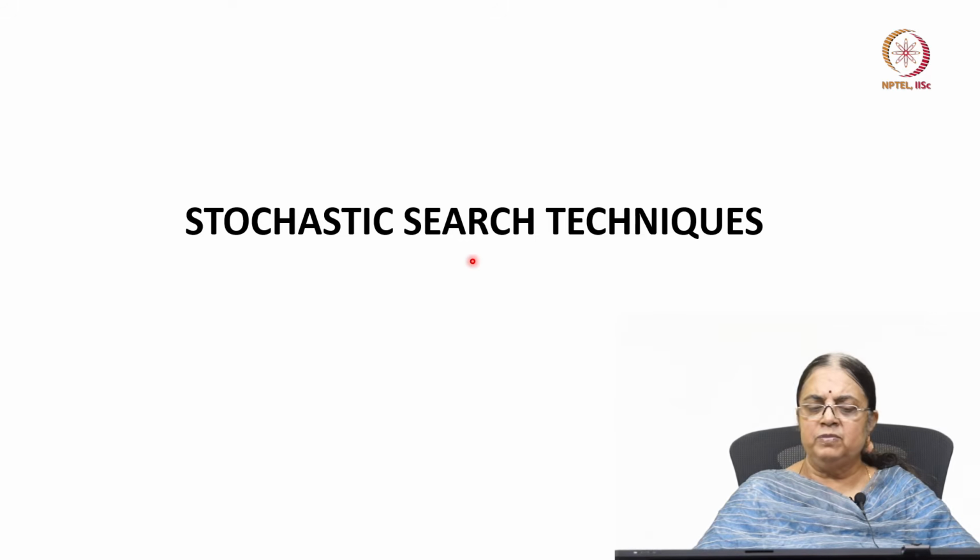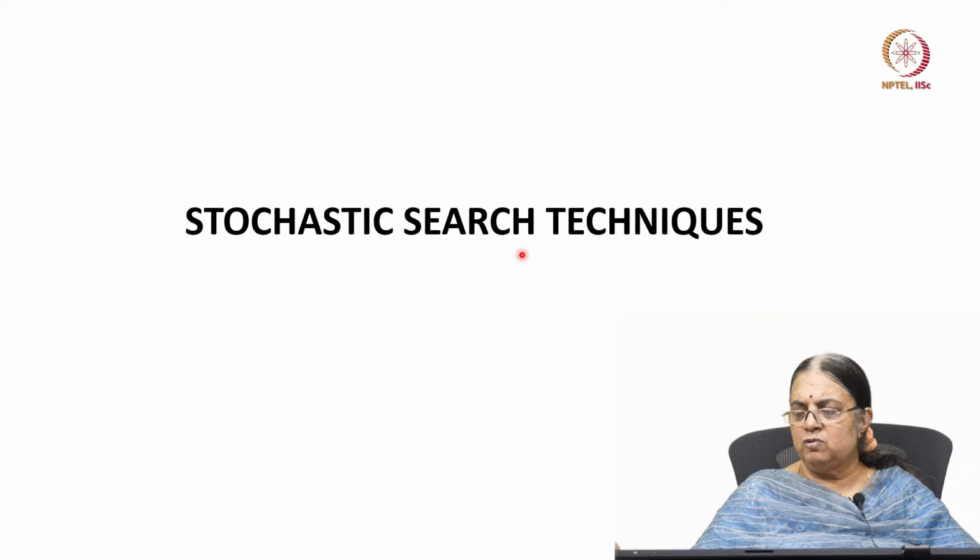So there are a number of stochastic search techniques. Again, you may start with one current solution, or you can start with a number of current solutions. From these current solutions, you have some operators.